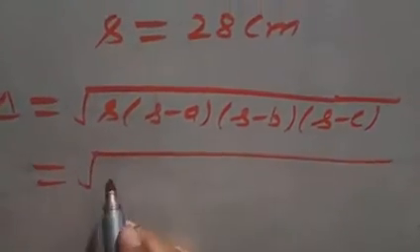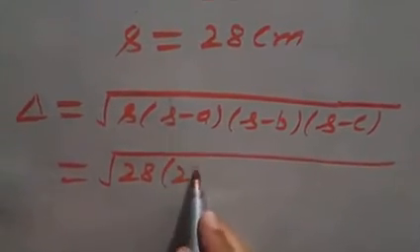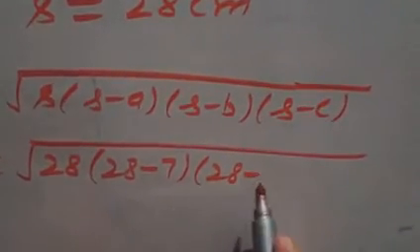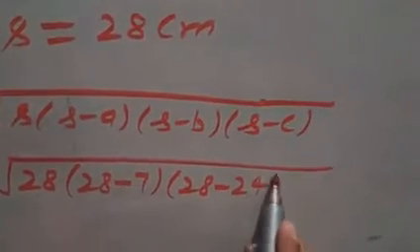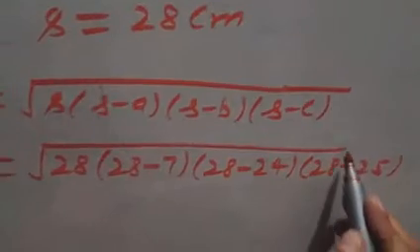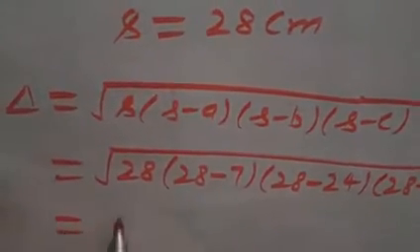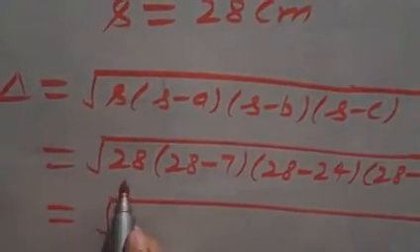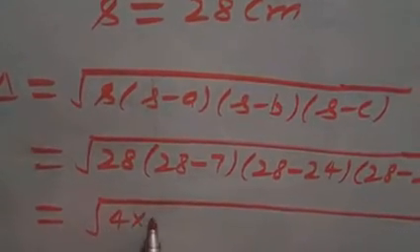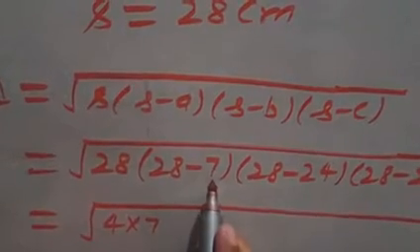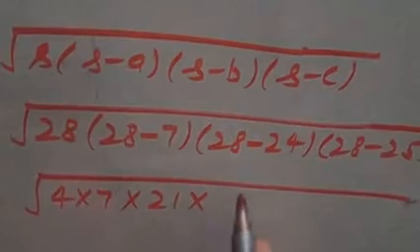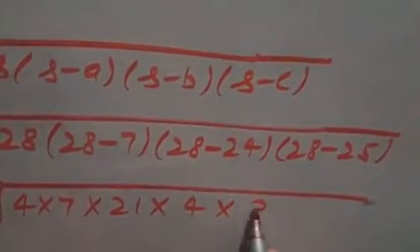So here s is 28. Now 28 minus 7, 28 minus 24 and 28 minus 25. So this is 28, and we know that 4 sevens are 28, and 28 minus 7, that is 21, and here that is 4, and here is 3.